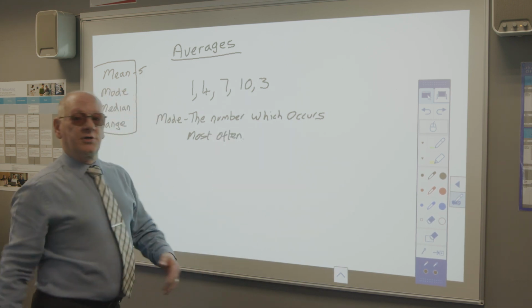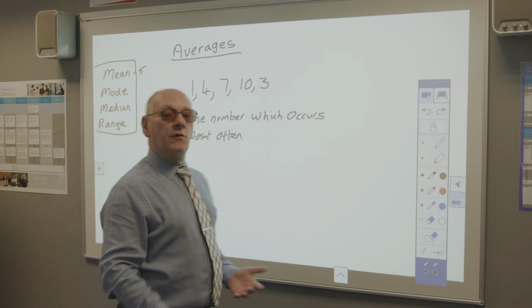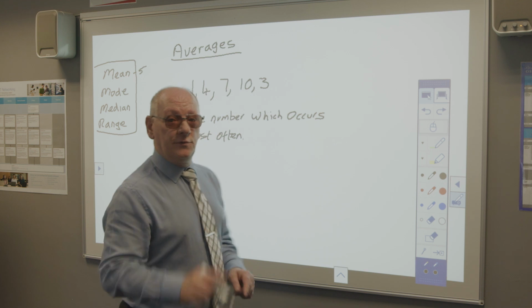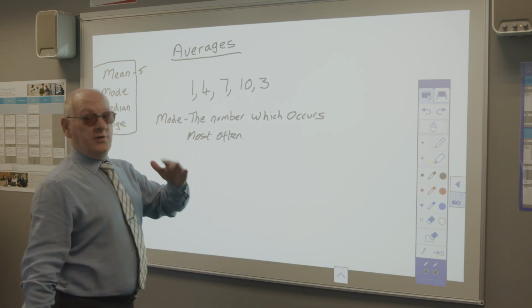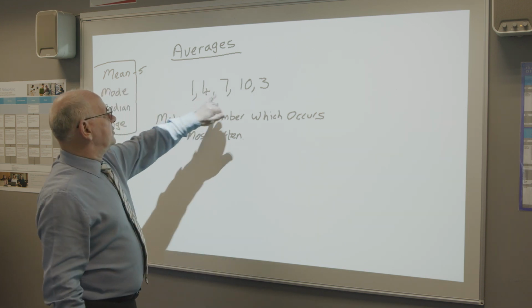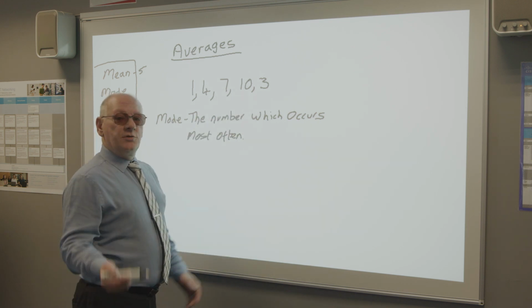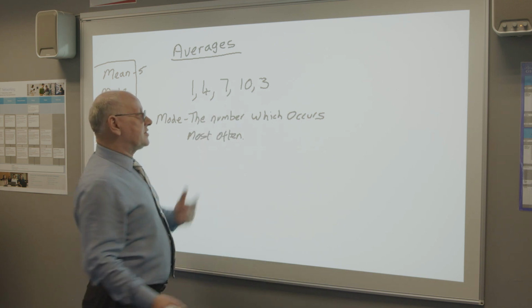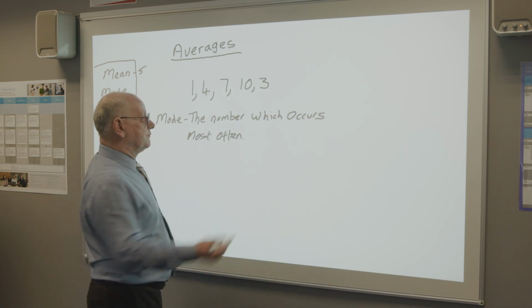So it's the number that occurs in the list more often than any other, and that's important, more often than any other. There's one number, if there is one. As you can see in our list, every number only shows up once. So in this case, there's no mode.